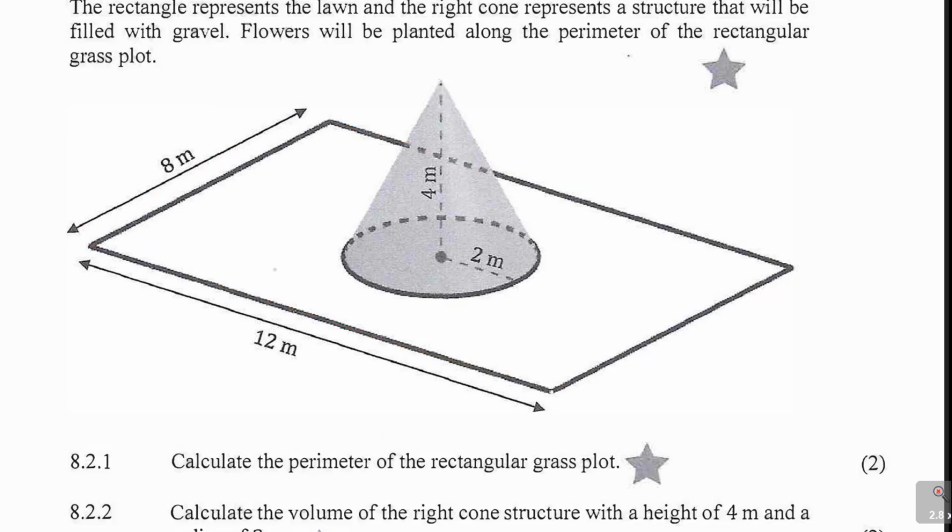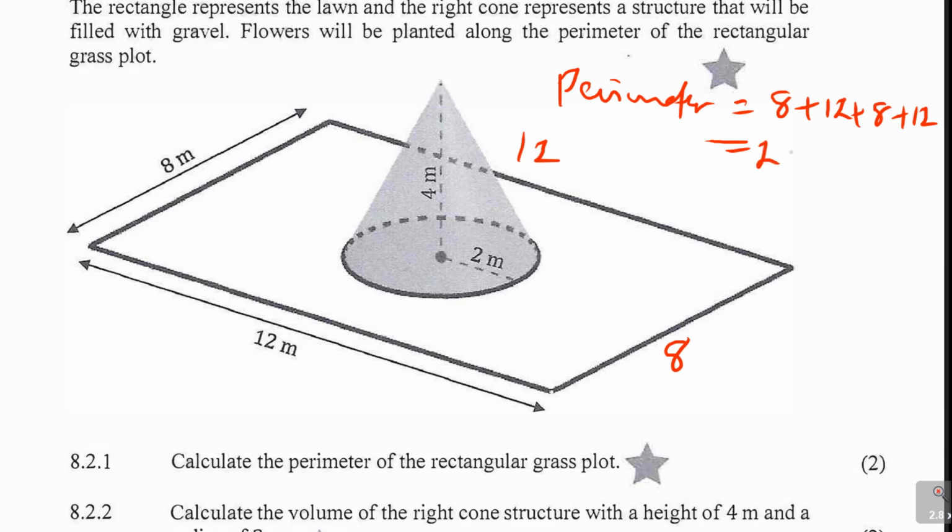So you've got 8, you've got 12, here there will be 8, here there will be 12. So you're simply adding, saying perimeter is equal to 8 plus 12 plus 8 plus 12. Or sometimes you say, since it's 8 and 8, 2 times 8 plus 2 times 12.